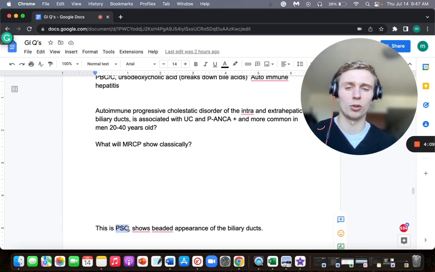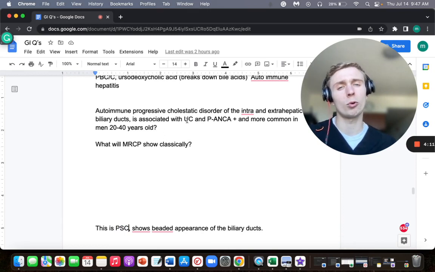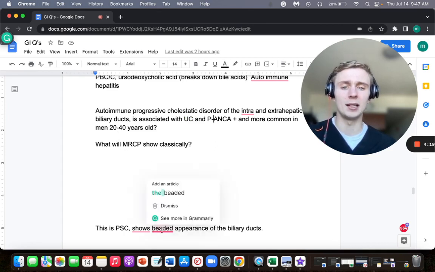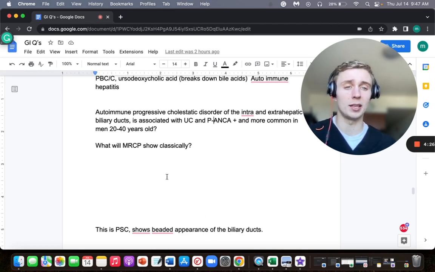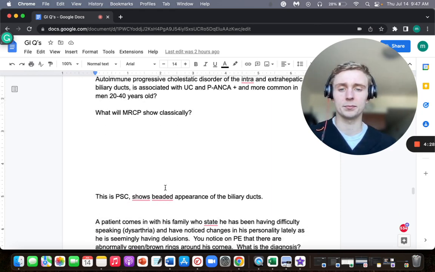As we said before, that's associated with ulcerative colitis because both of them have that P-ANCA positivity. And MRCP is going to classically show a beaded appearance of the biliary ducts. So that's how we can tell the difference between PSC and PBC.